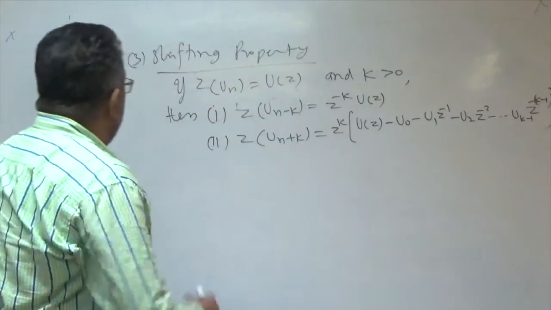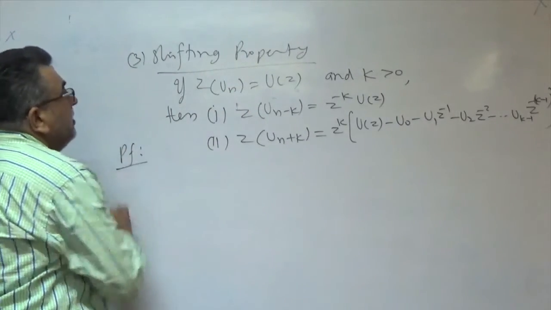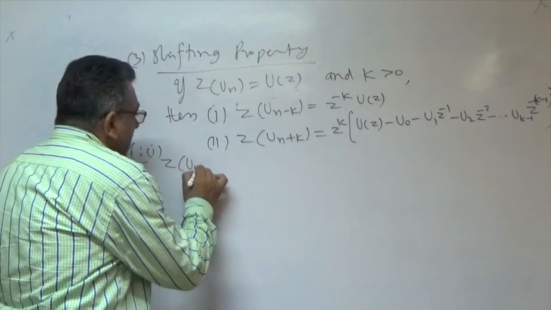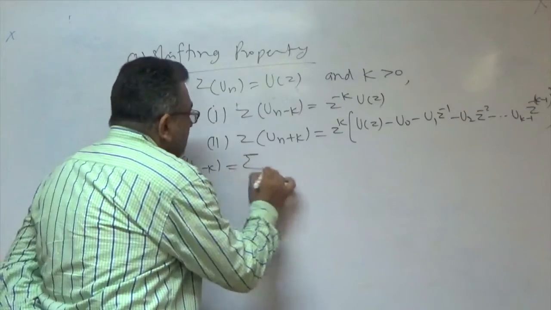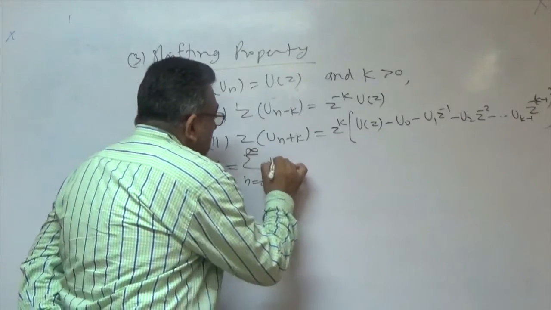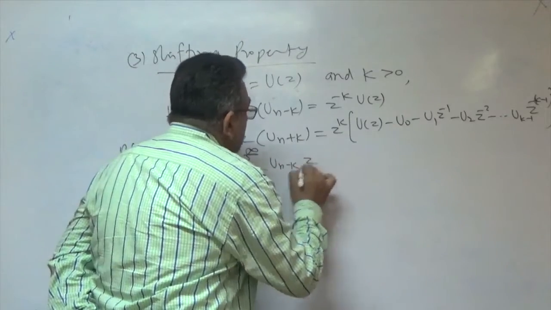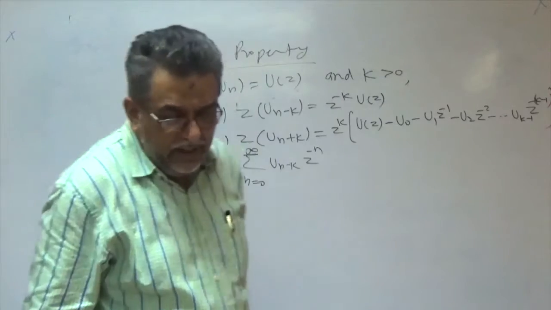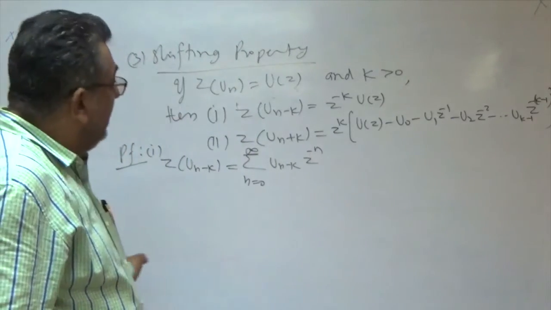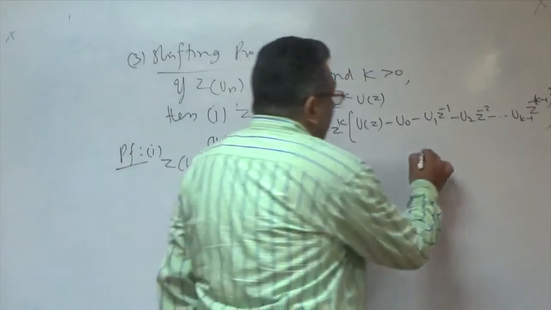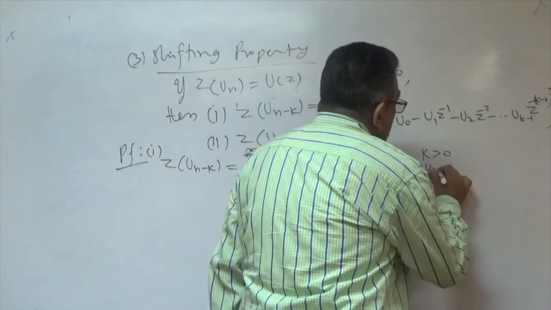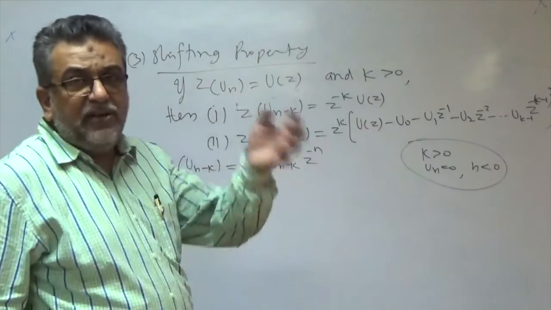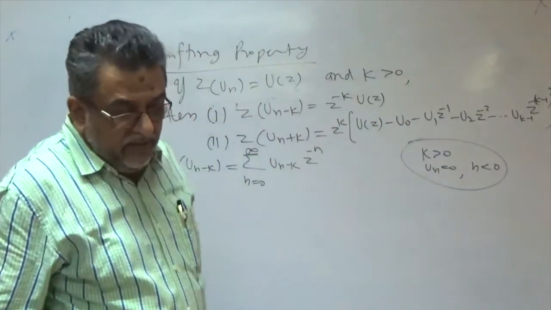And first we verify this. In the first case, if we take the Z transform of u n minus k, then by definition it is sigma n equal to 0 to infinity u n minus k z to power minus n. We can open this because k is positive, and you know that un is 0 for n less than 0. If indices are negative, then the sequence vanishes.